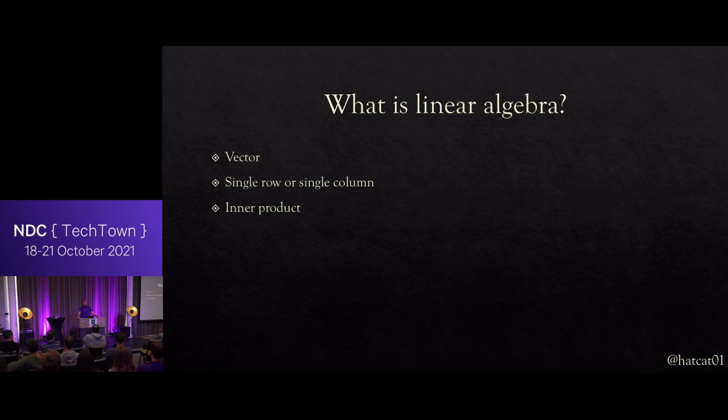So the inner product is the name that's given to the multiplication of a matrix with a single row by a matrix with a single column. And this is achieved by performing a simple dot product, like that, and that will yield a scalar value. The outer product is the name given to the multiplication of a matrix with a single column by a matrix with a single row. And this will, of course, yield a matrix.